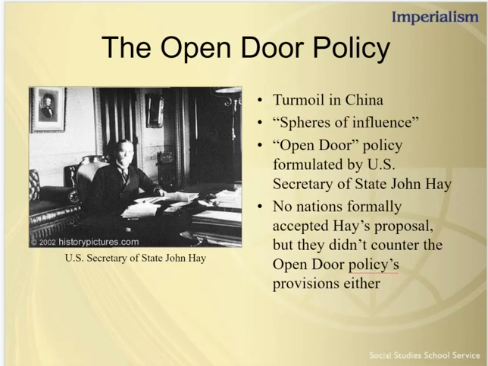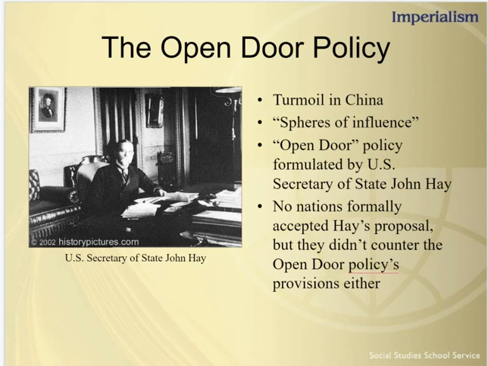The open door policy. At the end of the 19th century, China was in political and social turmoil. Many nations wanted to capitalize on China's unsettled situation, including Japan, Russia, Britain, France, and Germany. These nations wanted to create spheres of influence in the region. That is to say, they wanted to gain virtual control over economies and politics in China. While the United States did not necessarily seek a sphere of influence in China, it did have a prosperous trade with the nation.